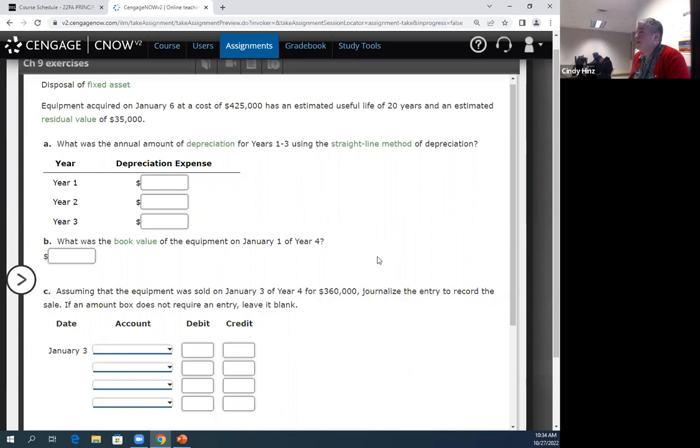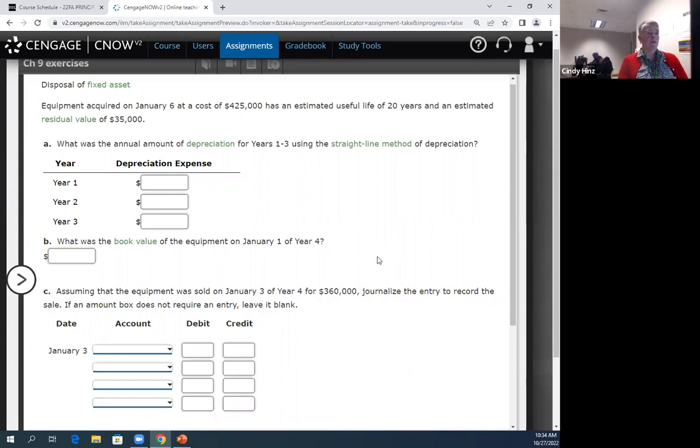So exercise 7 is disposal of fixed asset. So the first step in recording the disposal of the asset is we have to know how much it is worth right now according to our books. We need to establish the book or carrying value of this asset.